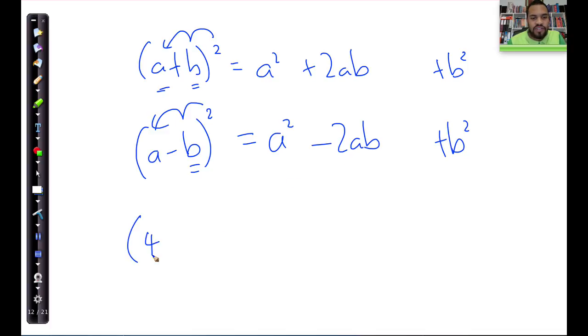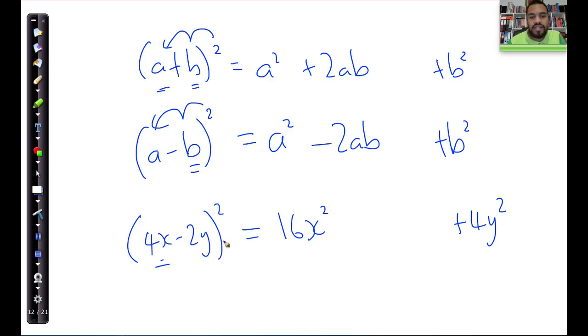Let's take an example: 4x minus 2y, and let's square that. The first term squared is 16x squared. The last term squared is plus 4y squared. Then 2 times 2 is 4, times 4 is 16, and it's a minus, so minus 16xy. Familiarize yourself with this as well.